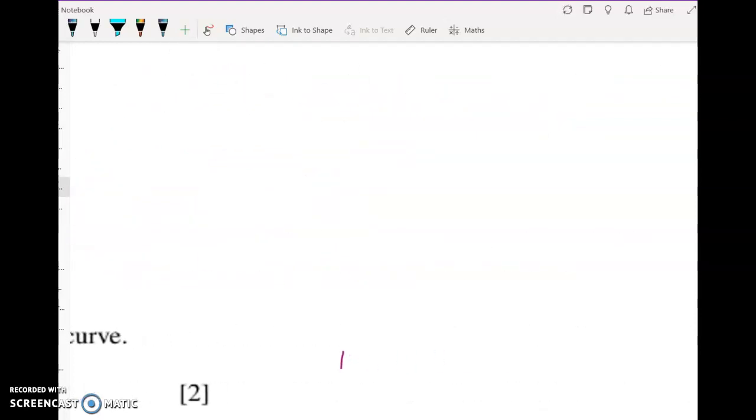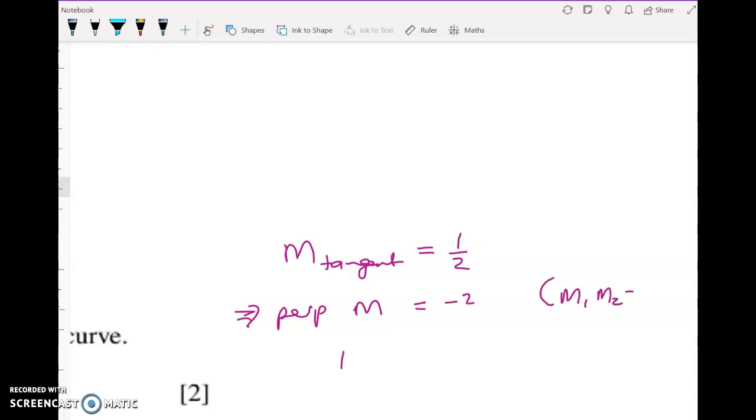Okay, so M tangent is equal to 1/2. So the perpendicular M is equal to -2, because we have M1 times M2 is equal to -1, right? Perpendicular gradients multiply to give me -1. And we know that the point 2, 1 is on the line.